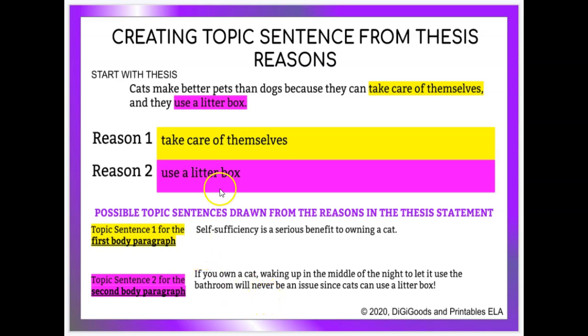So notice how I drew from the big idea that cats can do this by themselves to appeal to the reader that they wouldn't have to wake up in the middle of the night because cats can do this for themselves. That's a pretty good argument, wouldn't you agree? So you have to use a little bit of imagination when you're making these connections for your readers.